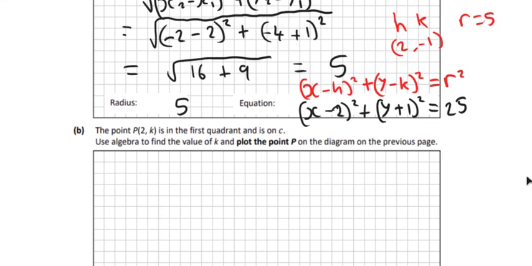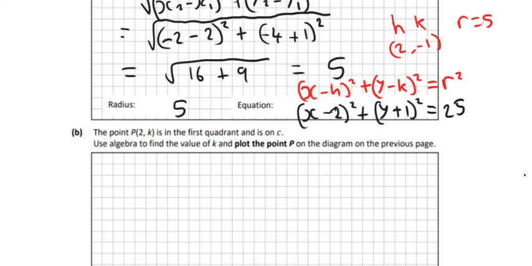So the equation of the circle is x minus 2 squared plus y plus 1 squared is equal to 25.